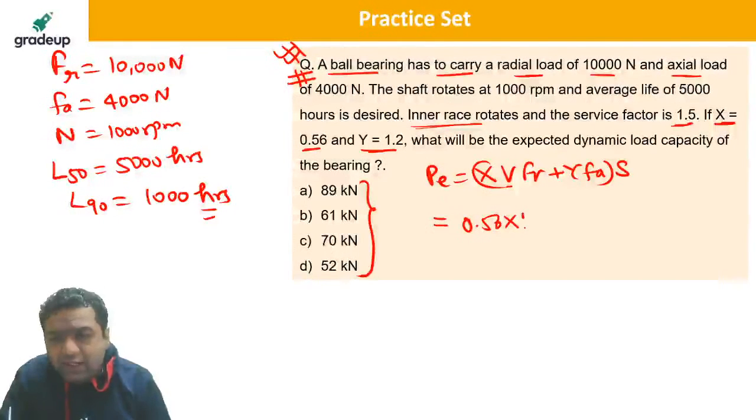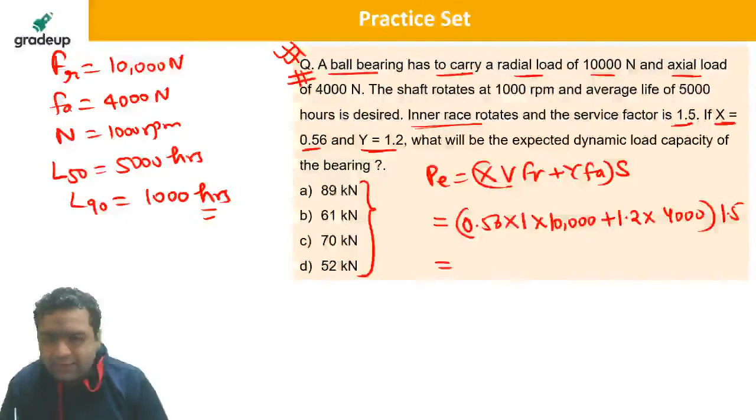If the inner race rotates it is 1, if the outer race rotates it becomes 1.2. FR is the radial load, 10,000 newtons, plus Y is 1.2 and axial load is 4000 Newton. Service factor is 1.5.